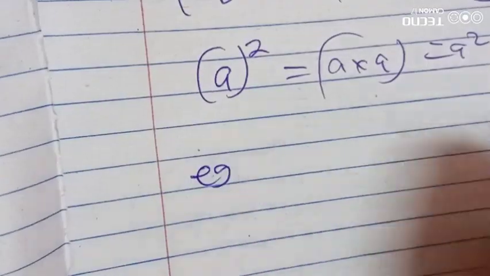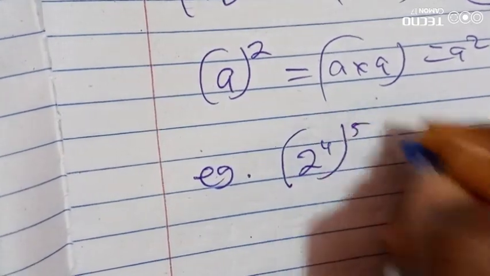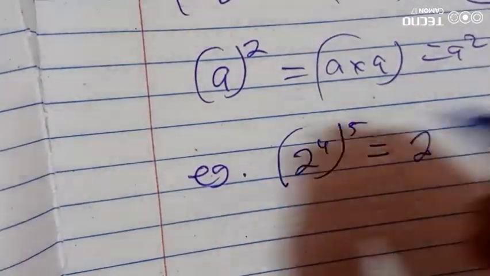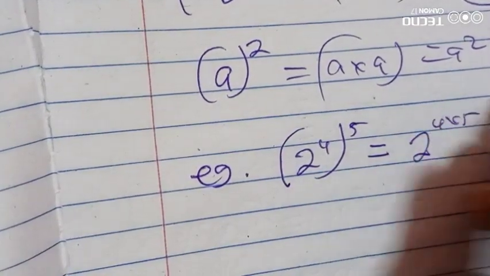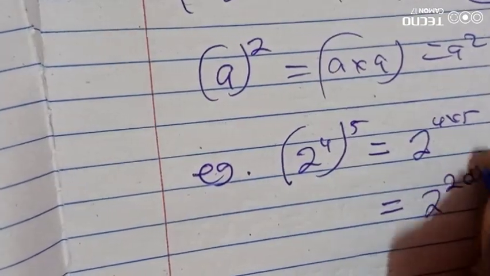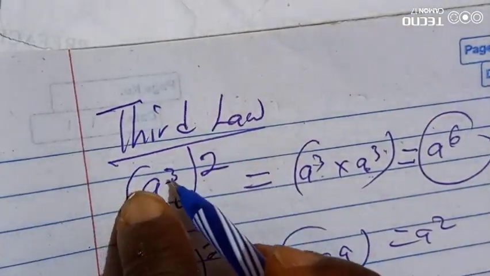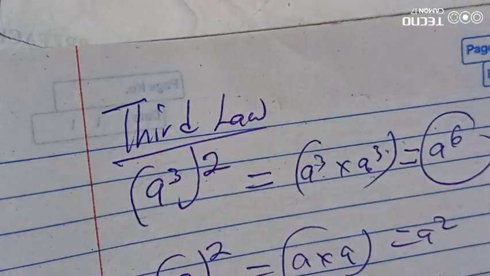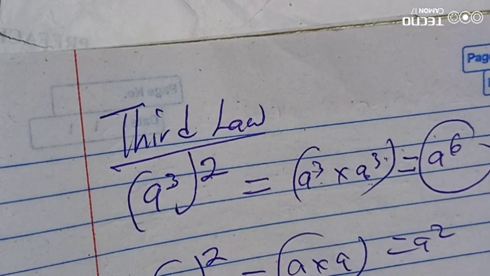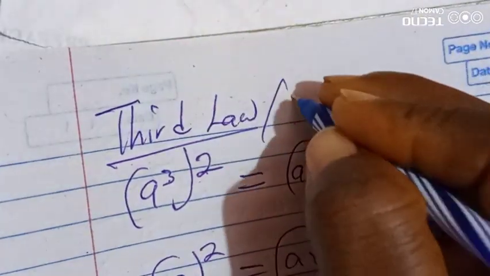If we take something like 2 to the 4 power, open bracket, close, to the 5, this will simply be equal to 2 to the 4 times 5, which gives us 2 to the 20. So here you could take a shortcut by saying 3 times 2 gives us 6 power. So our third law is also known as the power law.